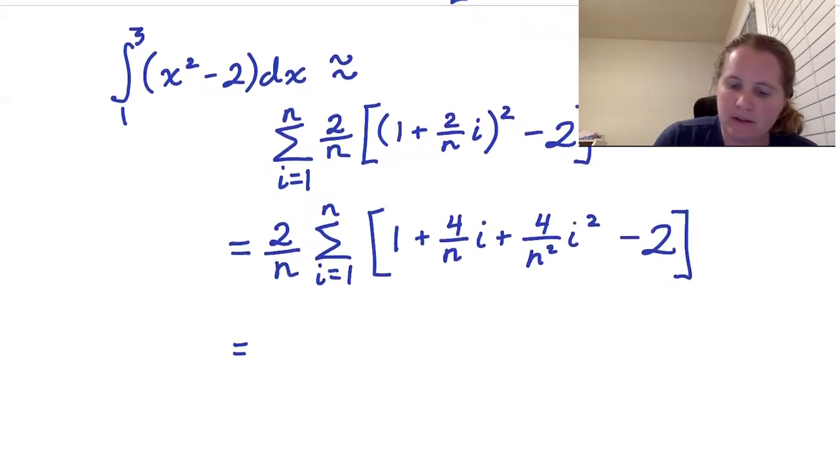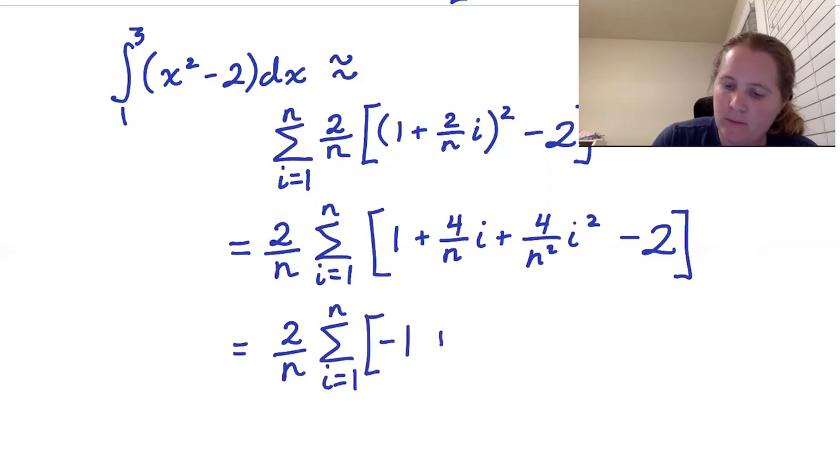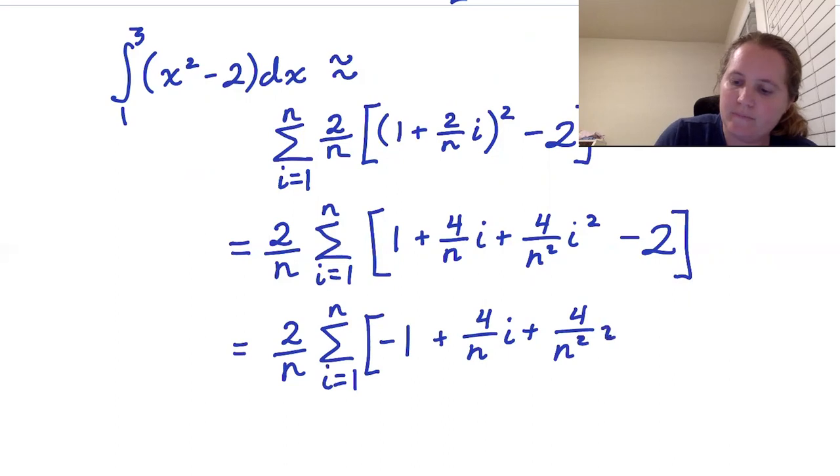Otherwise known as 2 over n times the sum from I equals 1 to n of negative 1 plus 4 over n I plus 4 over n squared I squared.